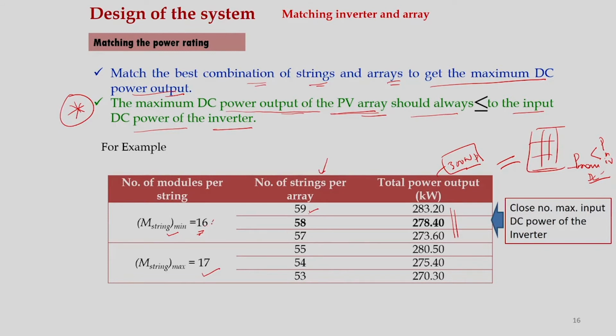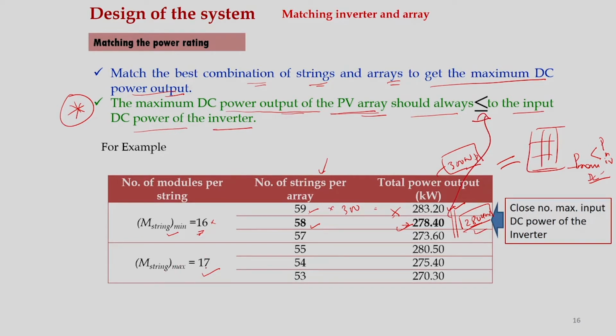So 16 multiplied by 59, then multiplied by 300, gives this value. As we already know, the input power of the inverter is 280 kilowatt, so it should not be more than that. Since it is more than that, it is not feasible. If we take 58 strings per array, it will be 270, which is a feasible case because it is less than 280, as discussed in the second bulleted point.